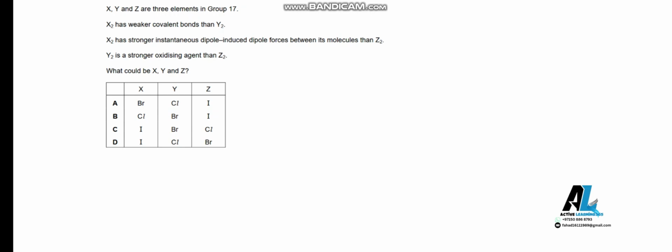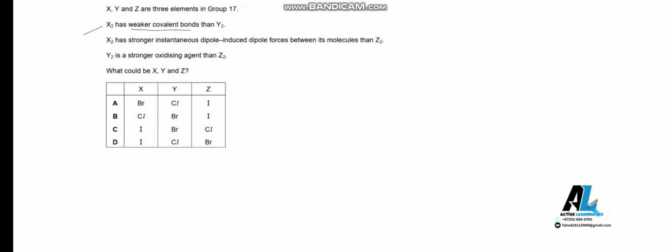So if you consider the situation and analyze it, the first statement is basically saying X2 has weaker covalent bonds than Y2. So obviously it's implying that the bond strength of X2 is lower compared to Y2.